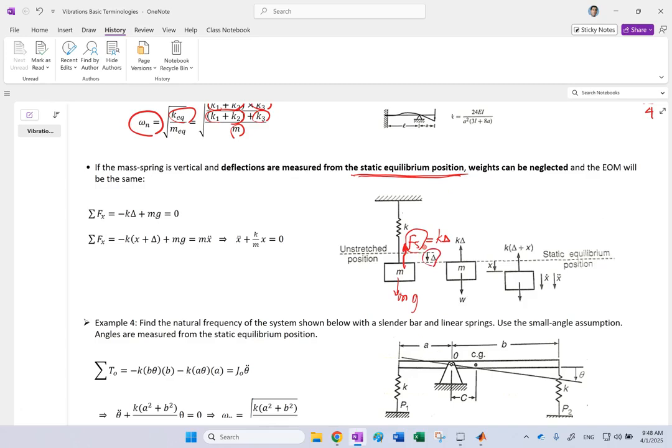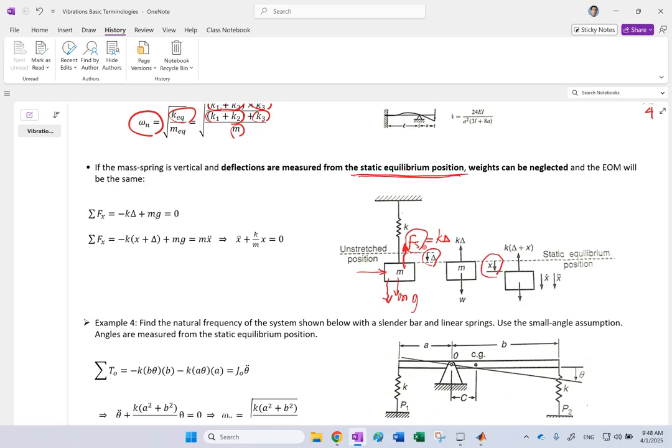Now, when the object is in static equilibrium and doesn't move anymore, from that position you are going to push this mass further down by x.